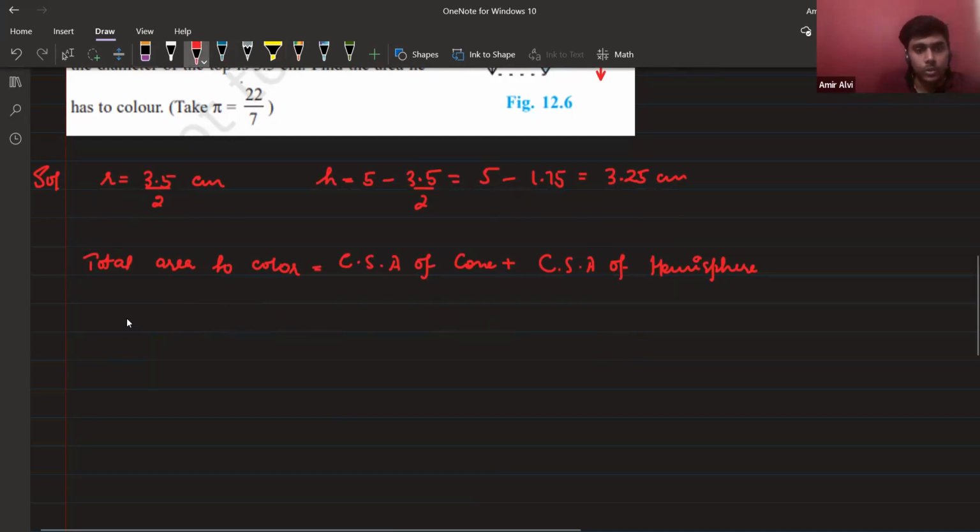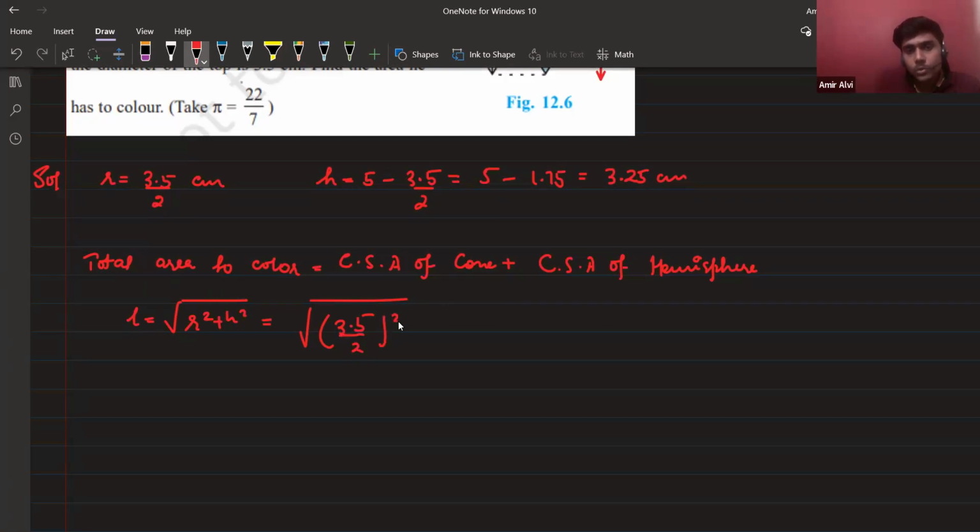Okay, so your L is equal to under root of r square plus h square, which is under root of 3.5 by 2 square plus 3.25 square.